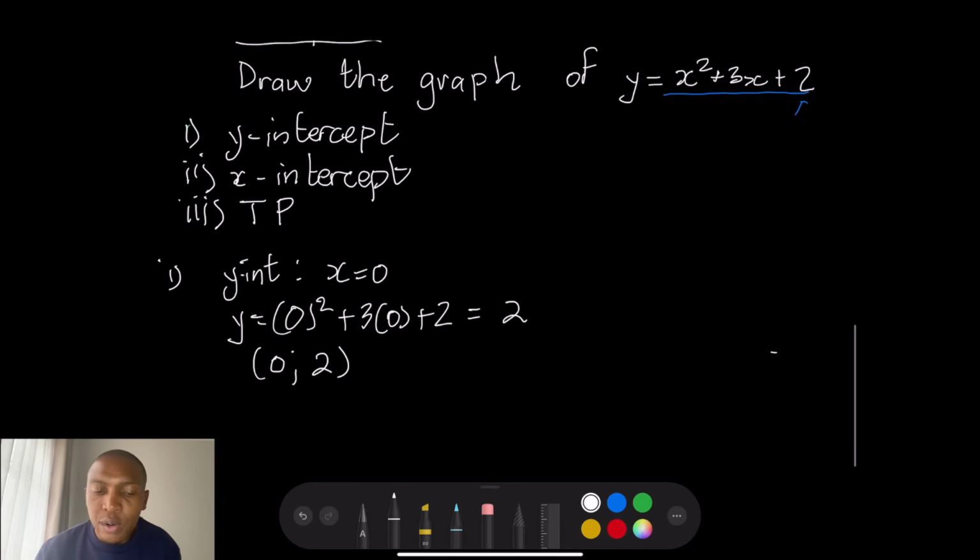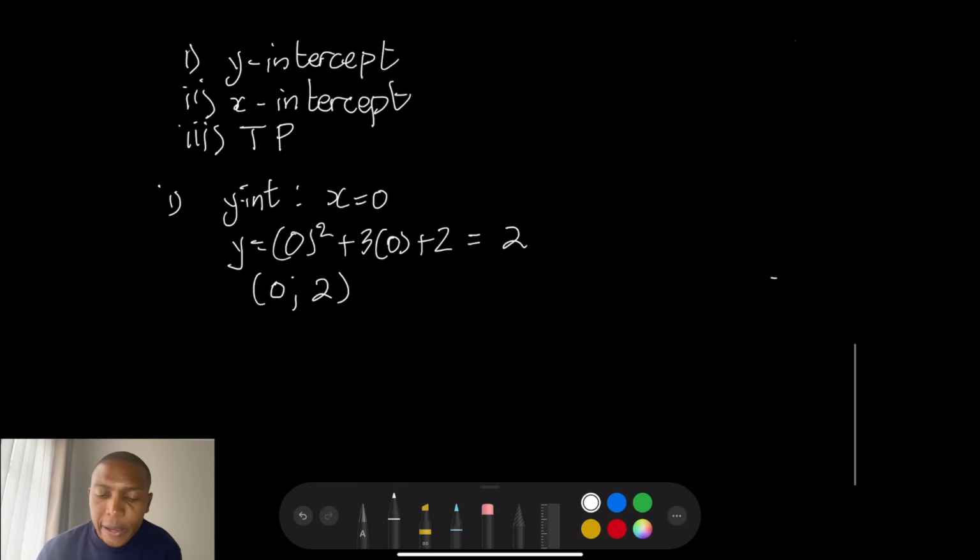So we're going to take the original equation and say, okay, let's find the x-intercept. And this is where I want us to spend a little bit of time so that I can show you just a few things about factorization.